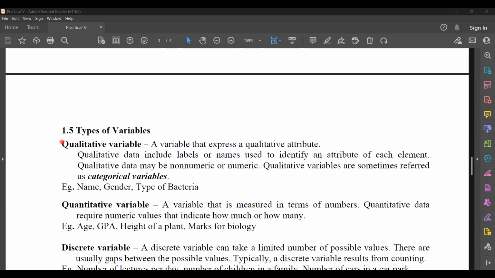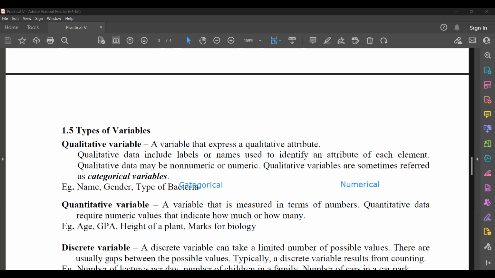When we are discussing variables, we basically divide them into two categories: qualitative variables and quantitative variables. Sometimes these qualitative variables are called categorical variables, and these quantitative variables are sometimes called numerical variables, right?